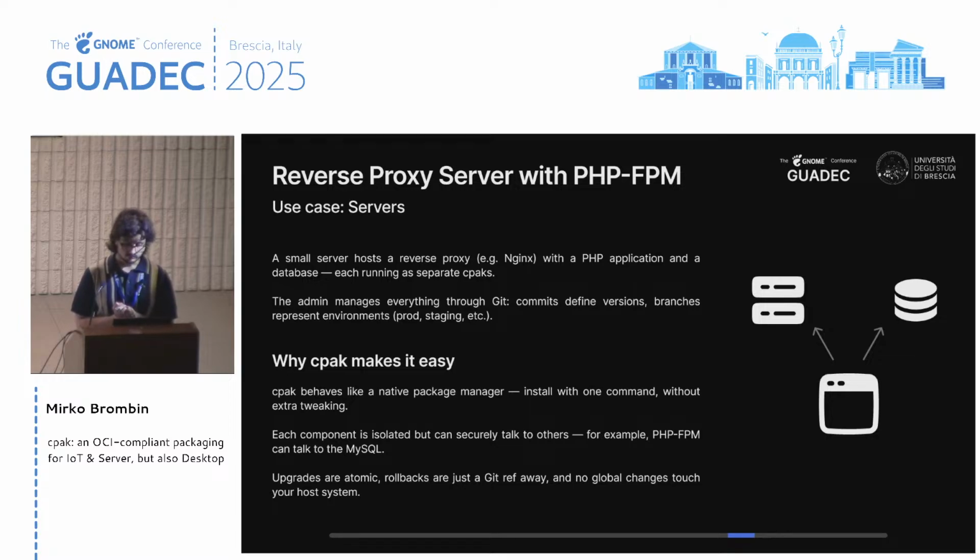cpak lets you install all those technologies like Nginx, PHP, and MariaDB, and connect them with a transparent connection. So if you need access to the MariaDB database, the application gets access to it just by exposing a permission. It's inside a very small file.